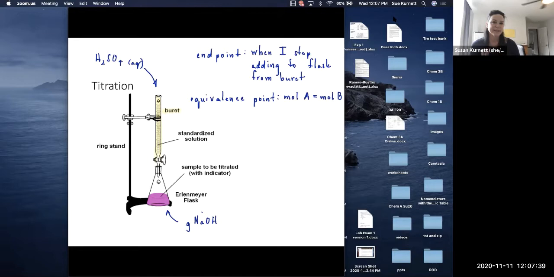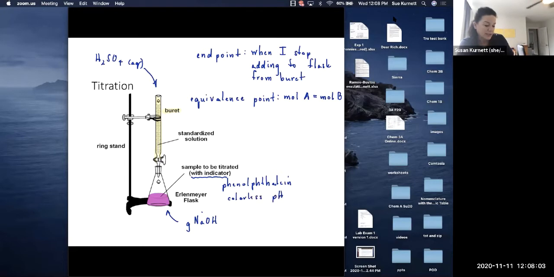How do we do that in lab for experiment 7, for example? We use an indicator, and the indicator that we're using here is phenolphthalein. And phenolphthalein is colorless when the pH is less than or equal to, and they say 8 to 10.